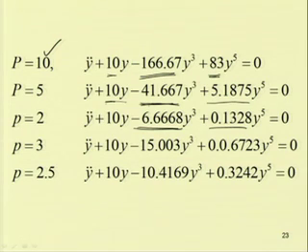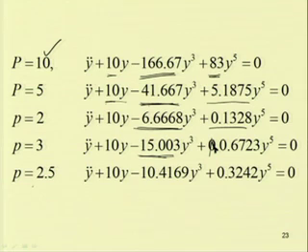So, now this quintic part is almost 100 times less than that of the linear part, but this cubic term is of the same order as that of the linear part. And by putting p equal to 3, we get the cubic coefficient to be 15.003, which is slightly higher than the linear part, but the quintic part equals 0.6723.